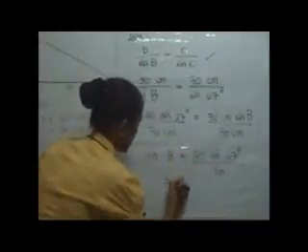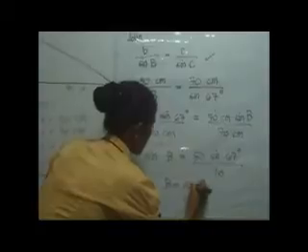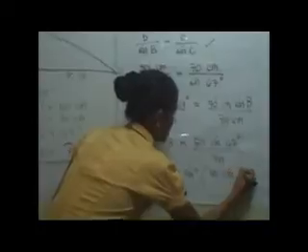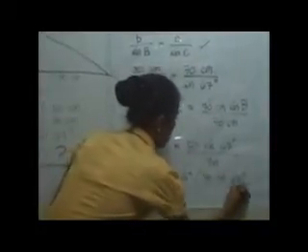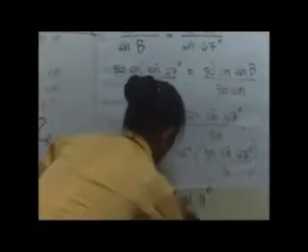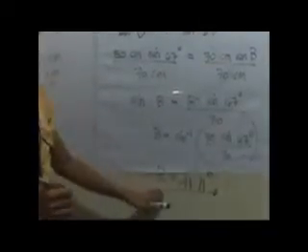So B is equal to arc sine of 50 sine 67 degrees over 70. So the measurement of angle B is equal to 41.11 degrees. So by using the law of sine, we have the answer for the measurement of angle B, which is 41.11 degrees.